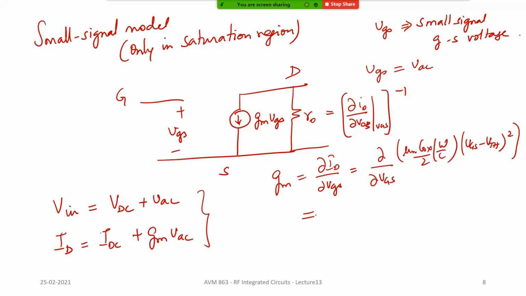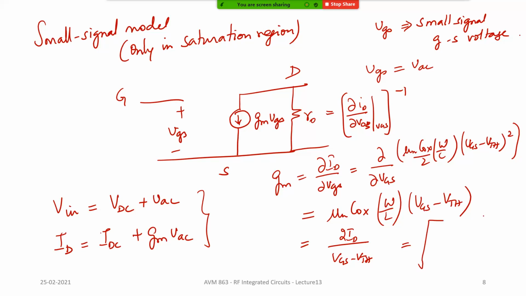It's very simple to derive, but I don't want to spend too much time on it. This is one expression, this is another, and this is the third. All three are equivalent, and if you do some jugglery, you will get all of them.